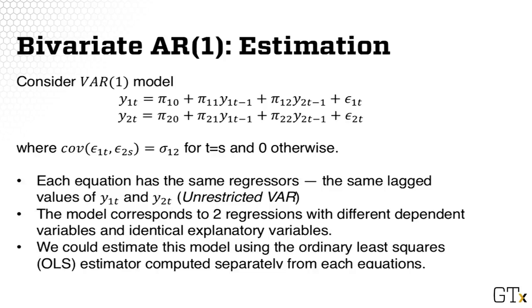Thus, each regression equation has the same regressors, the same lagged values of y1t and y2t. This is called the unrestricted VAR model because the model corresponds to two regressions with two different variables, but identical explanatory variables. We can estimate this model using the ordinary least squares estimation approach separately for each equation.